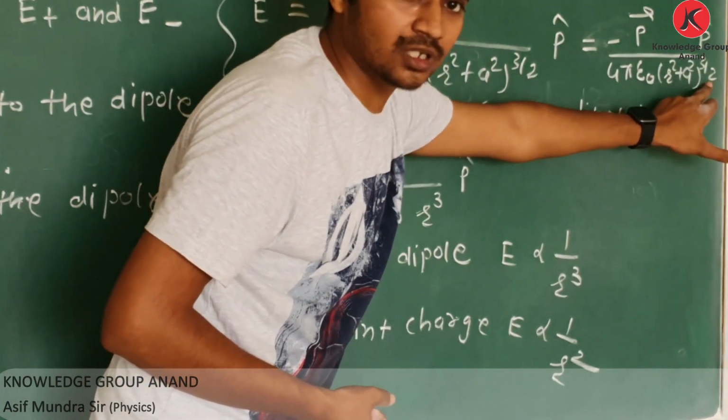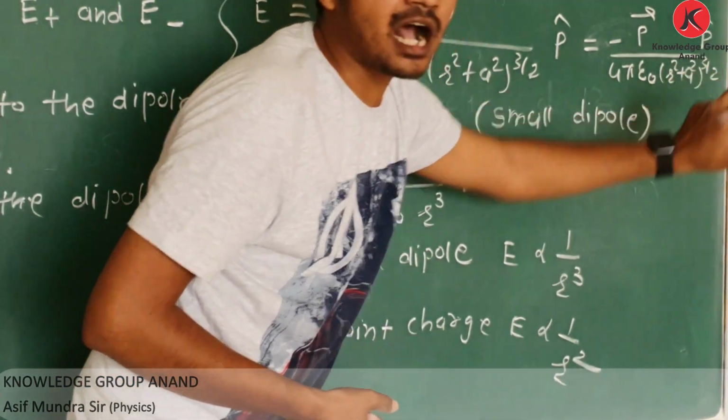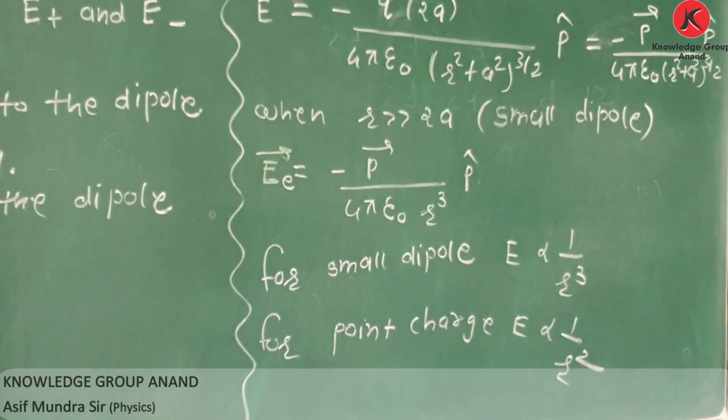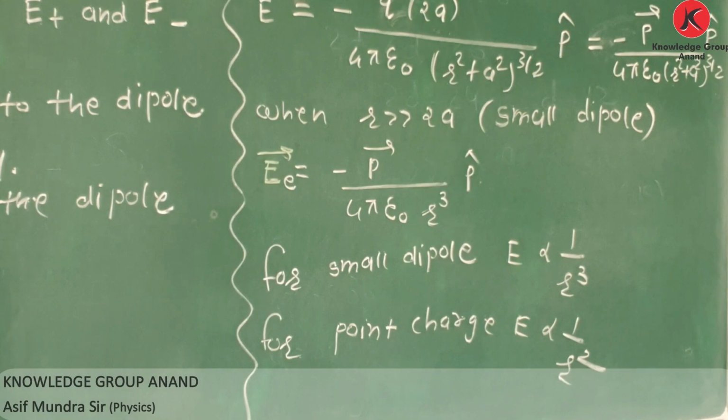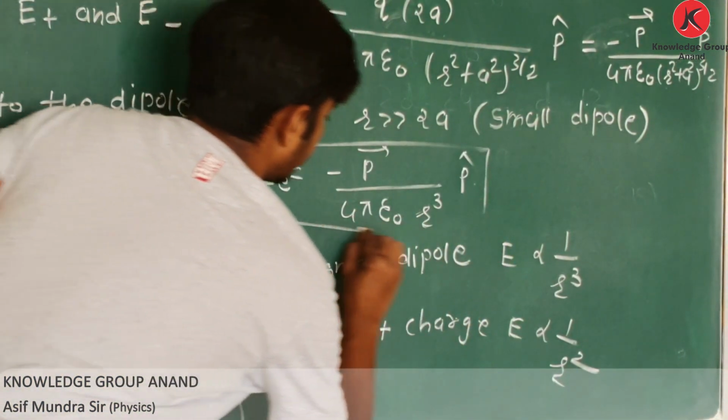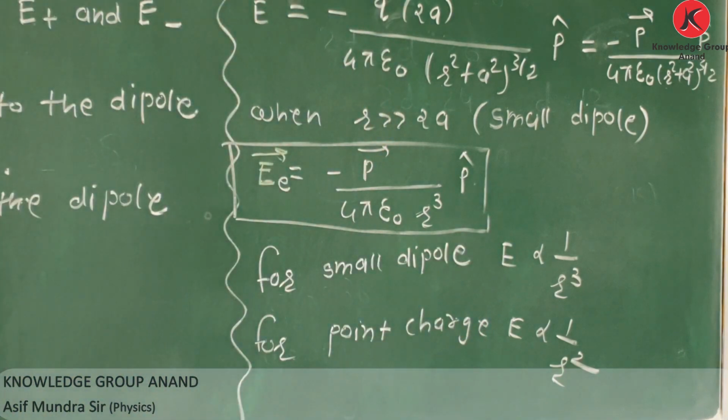The square and 1 by 2 cut, so it is only r cube, and it is P caret. So it is the electric field on equator.